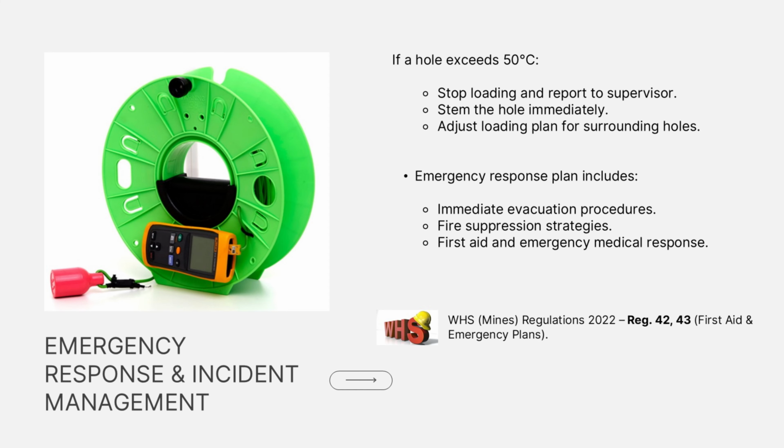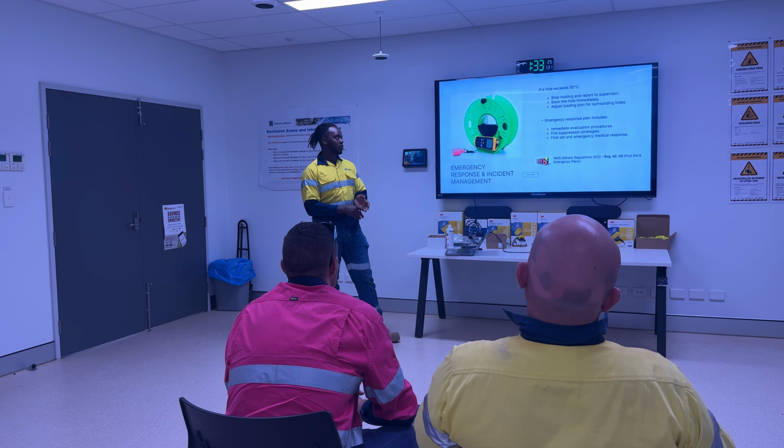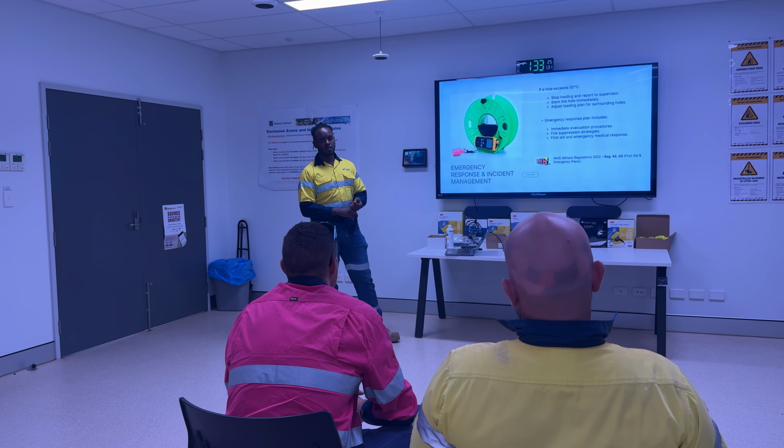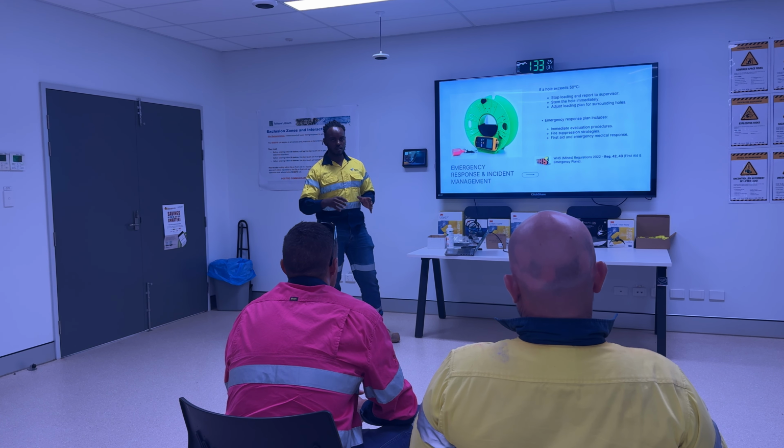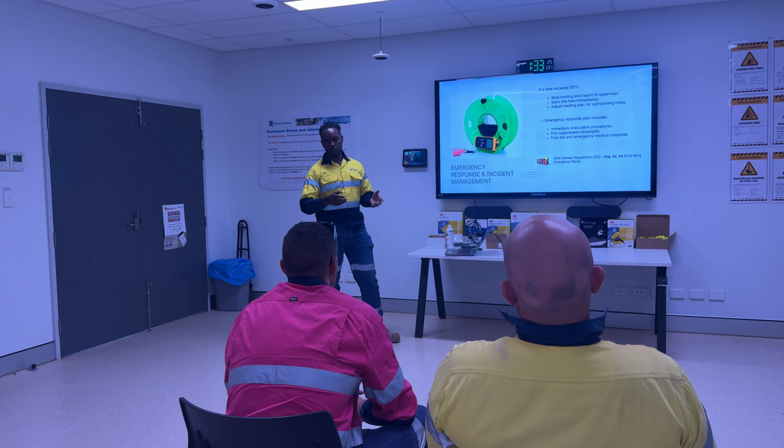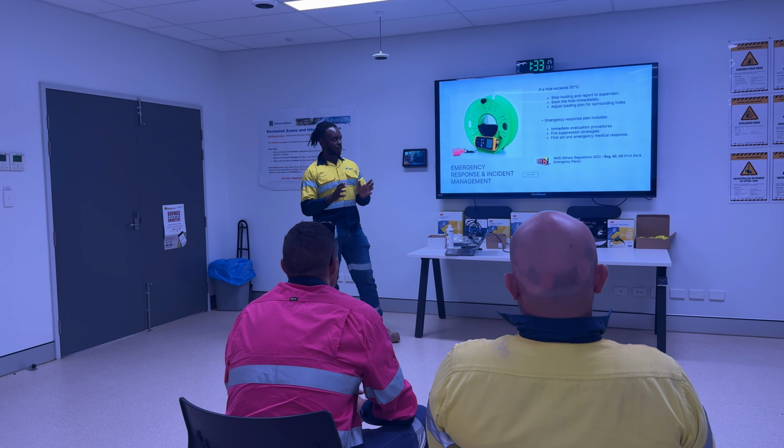As we've mentioned, a hole exceeding 50 you do not load, and you stem the hole immediately and adjust the loading plan for surrounding holes, so that if you overloaded any of them, you take it out and manage that effectively.